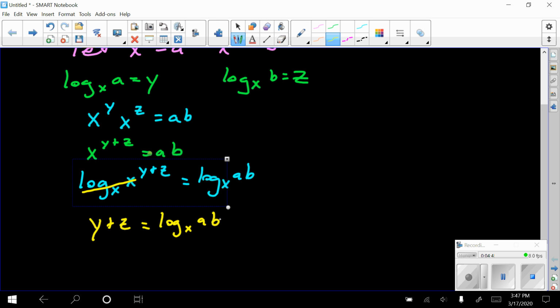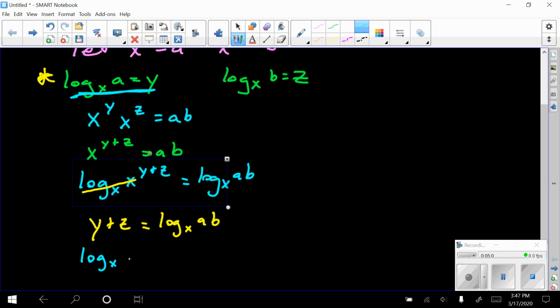And then we have one last step. Remember I said that the green up there at the top was going to come back into play. That's actually your last step. So when I look at it, y plus z, y we said is the same thing as log base x of a, so I can substitute that in.